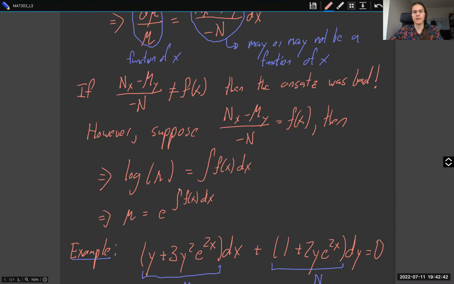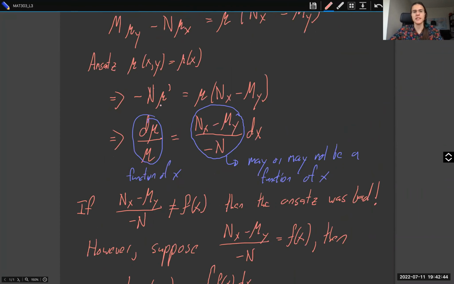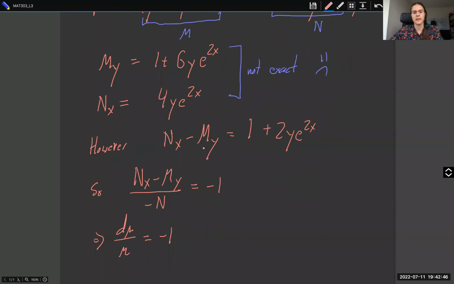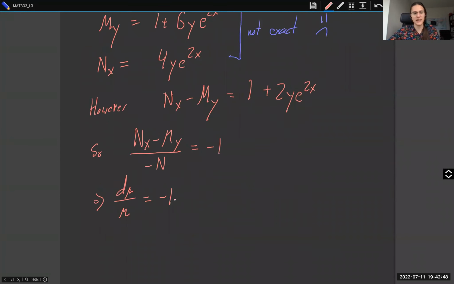That function f is what d mu over mu is. Well, rather it's not -1, it's -1 dx. That's the way you should write it. That actually makes sense. So we get that log of mu, and remember, we don't care about constants because we just want something, is -x.